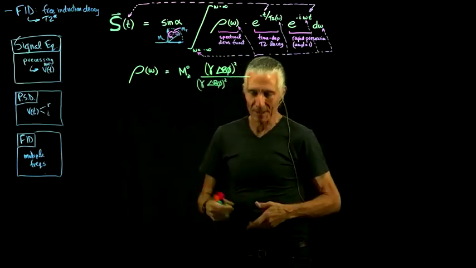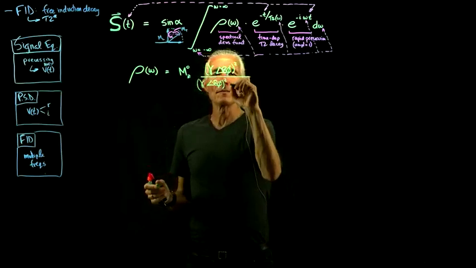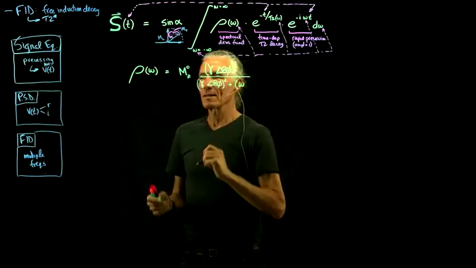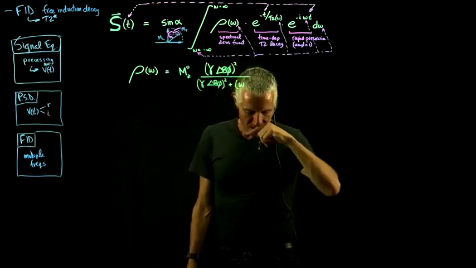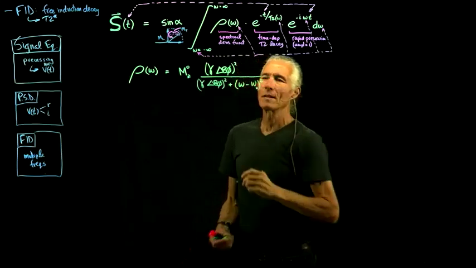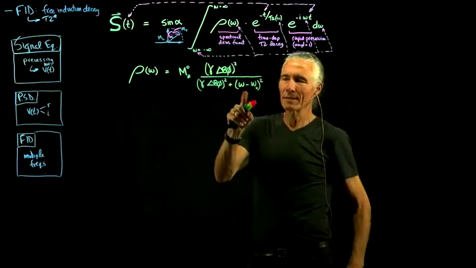And then we finally have the variable in there, and so the variable is the frequency variable, and it's subtracted off from another constant, which is the center frequency, and that thing is squared. So what does this equation say?